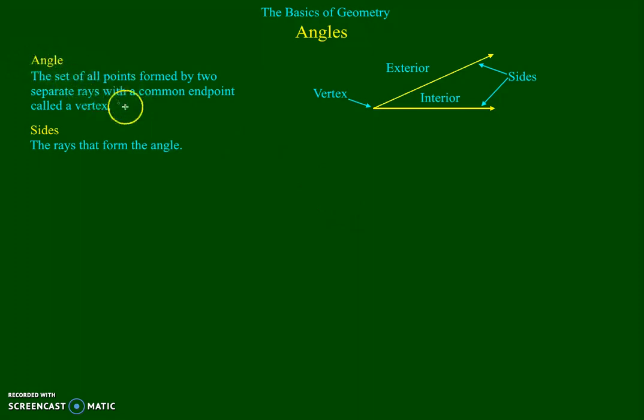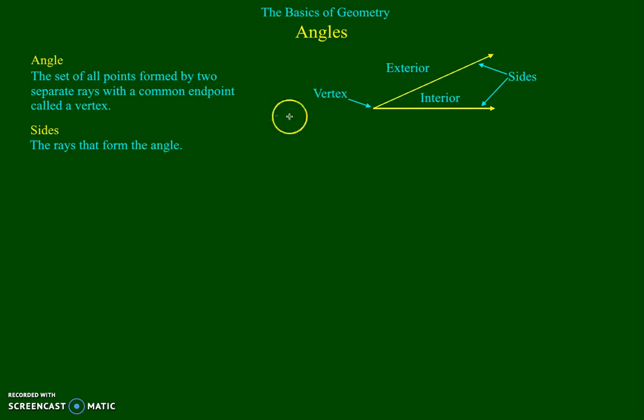An angle is simply a set of all points formed by two rays with a common endpoint called a vertex. Here the sides are called the rays, or the rays are called sides. The common endpoint of both of those rays is the vertex of the angle.